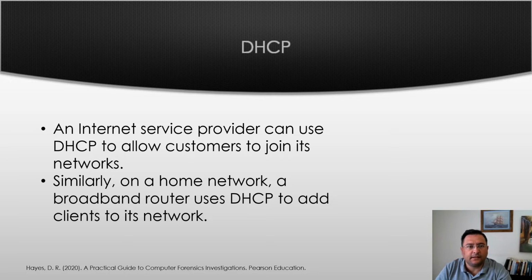An internet service provider can use DHCP to allow customers to join its network. Similarly, on a home network, a broadband router uses DHCP to add clients to its network. These can include a PC, smart TV, and tablet or smartphone in your home network.